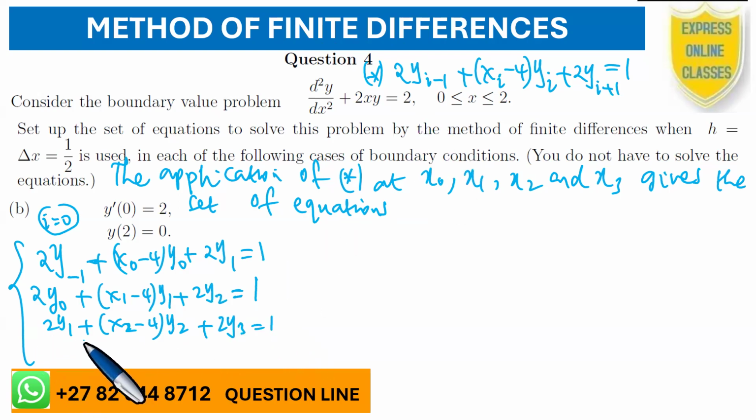Using 2, and then if you use 3, 3 minus 1 is 2, and we have x3 minus 4 y3, using i equals 3. Now this one takes us to y4 equals 1.